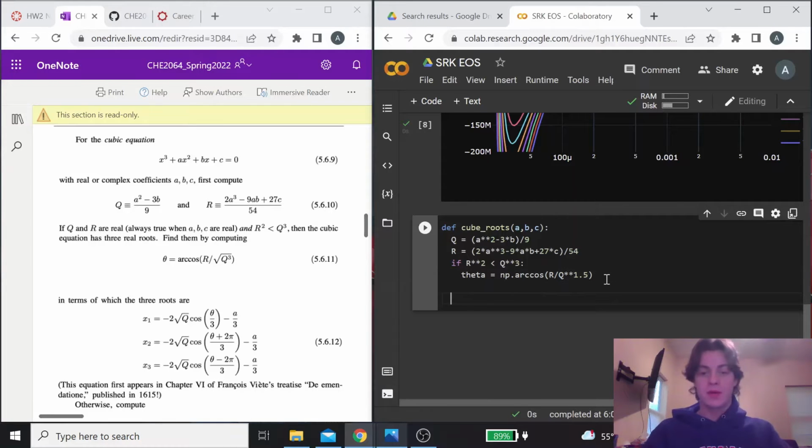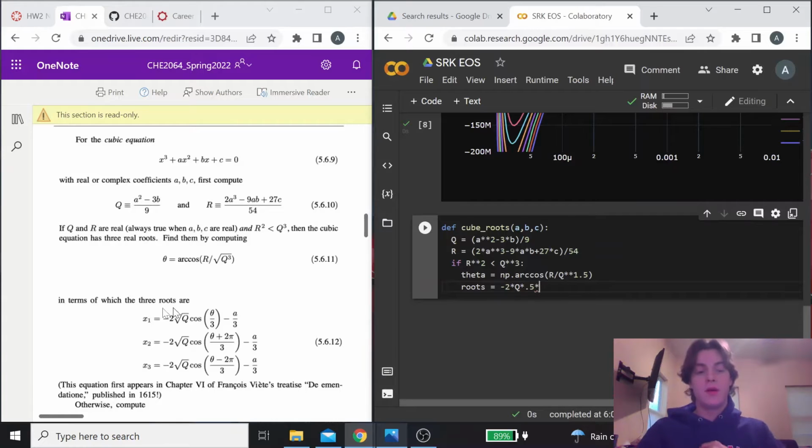Then we can calculate our roots. Our roots will be -2 times q to the 0.5 times cosine, and if you notice, they all have the exact same form, except they have a different value in the cosine.